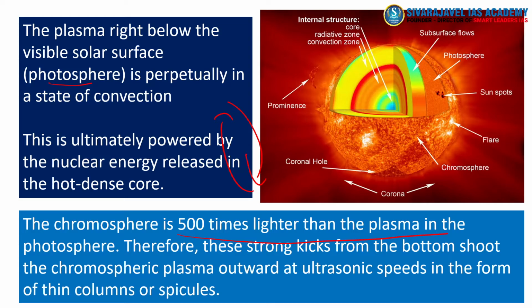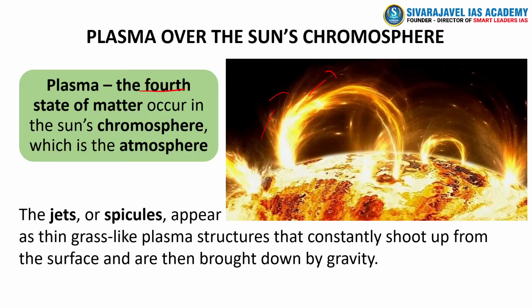The plasma beneath the chromosphere is also much hotter, so it keeps kicking from the bottom. The chromospheric plasma jets outward at ultrasonic speeds. This word ultrasonic could be important. So in the form of thin columns or spicules, this is how the jets or spicules come.